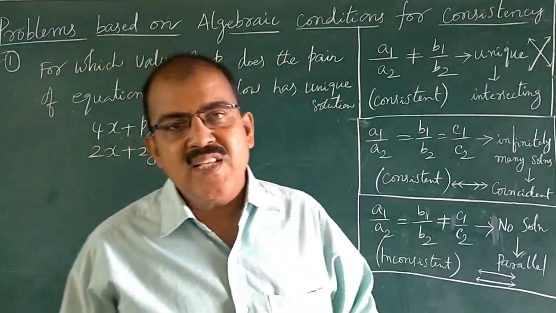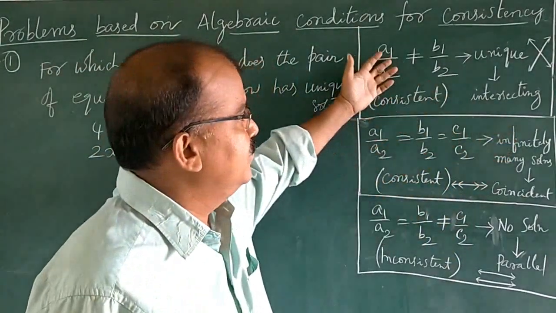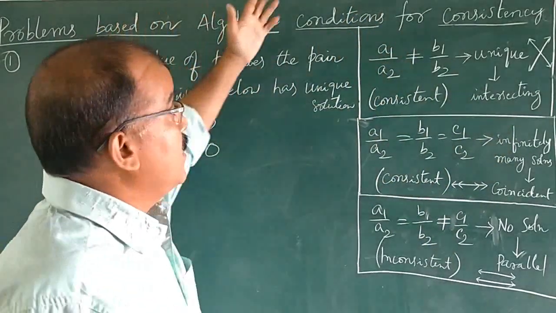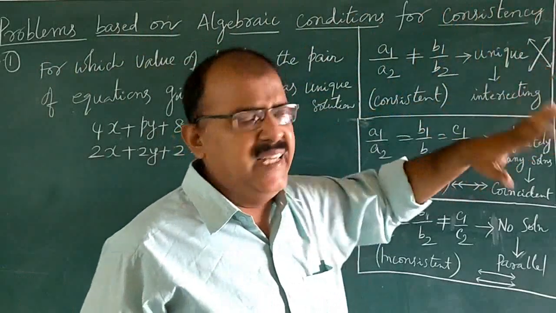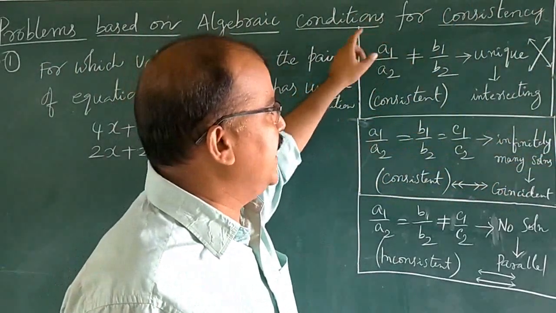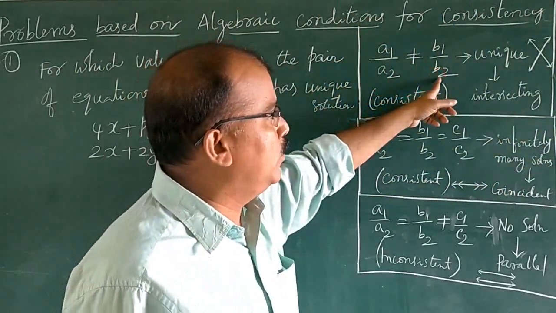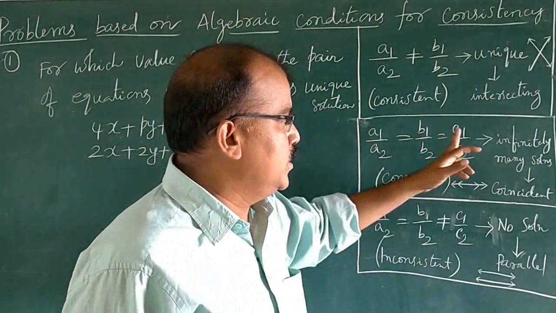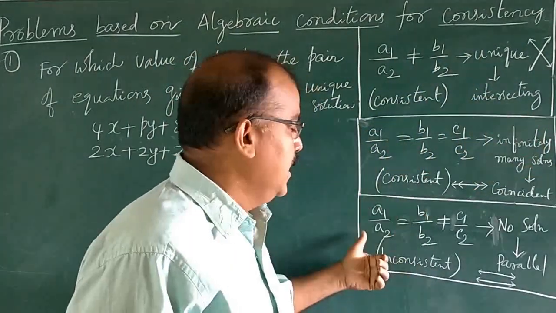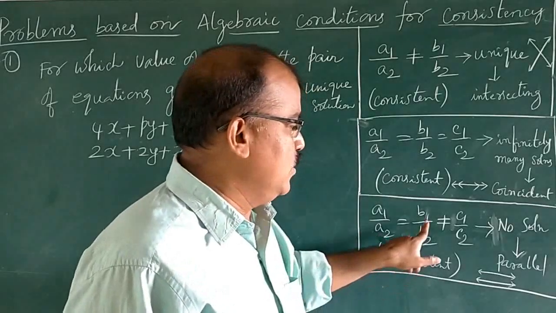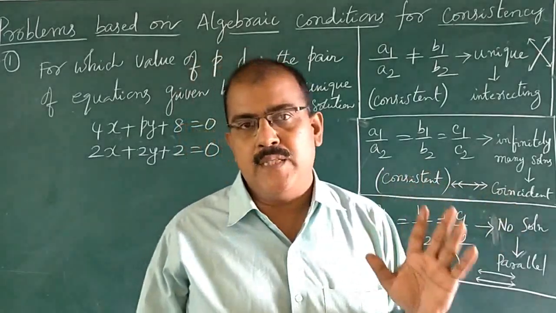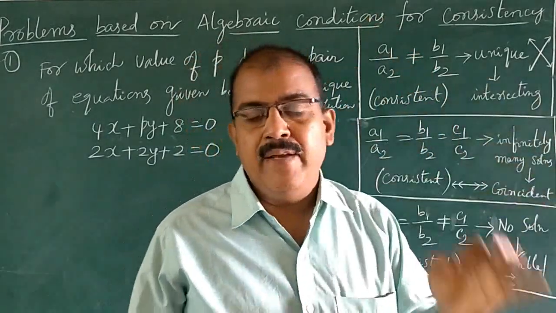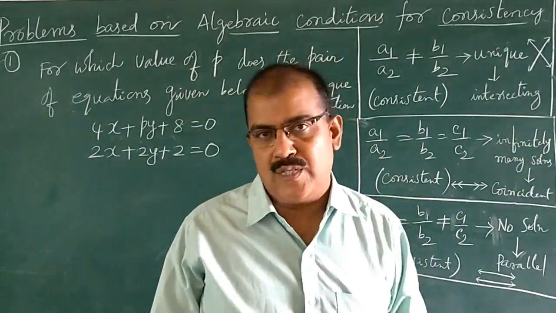Today, based on these problems based on algebraic conditions for consistency, mainly these conditions: a1 by a2 is not equal to b1 by b2, unique solution; a1 by a2 is equal to b1 by b2 is equal to c1 by c2, infinitely many solutions; a1 by a2 is equal to b1 by b2 is not equal to c1 by c2, no solution. By using these conditions, we can find some unknown values.